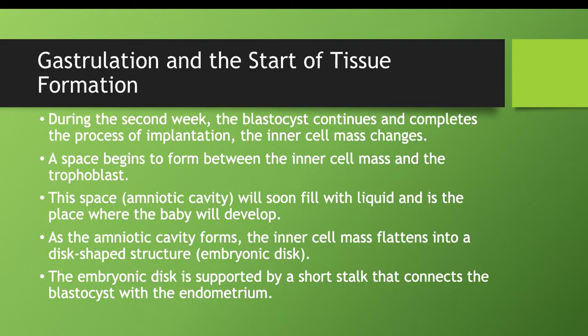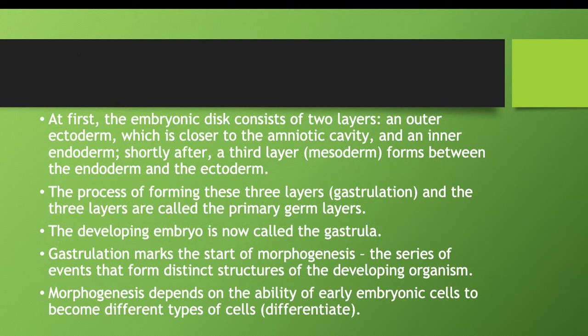As the amniotic cavity forms, the inner cell mass flattens into a disc-shaped structure called the embryonic disc. This is supported by a short stalk that connects the blastocyst with the endometrium. So this is keeping the blastocyst connected to the endometrium.